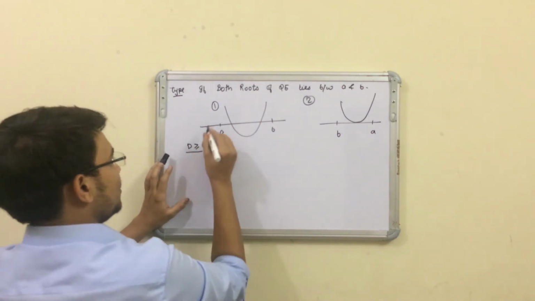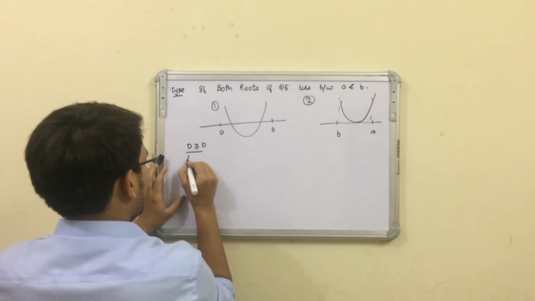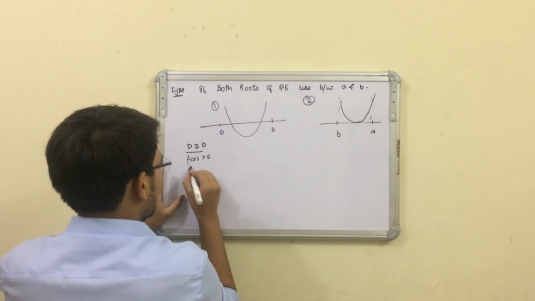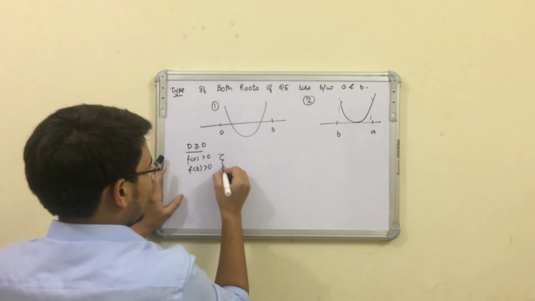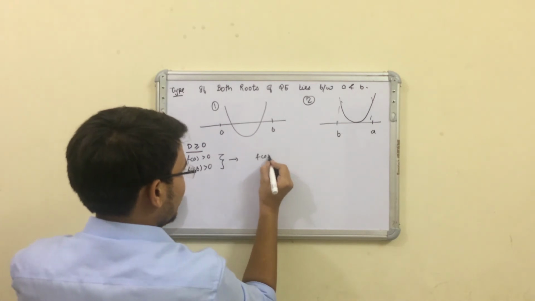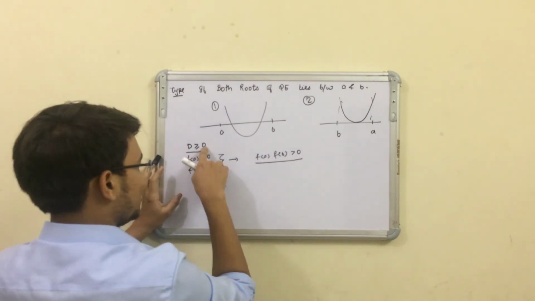In this case, f of a is greater than 0 and f of b is greater than 0. So we can collectively say that the product f of a times f of b should be greater than 0, and D greater than or equal to 0.